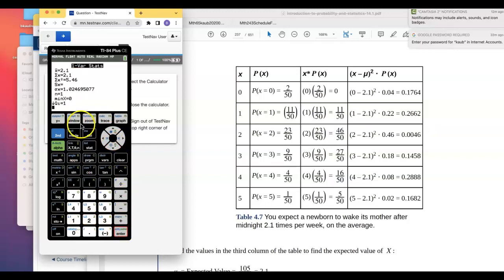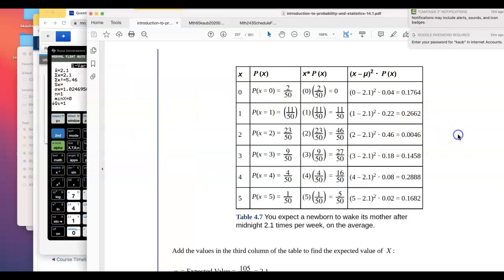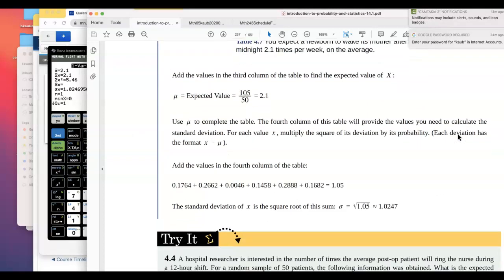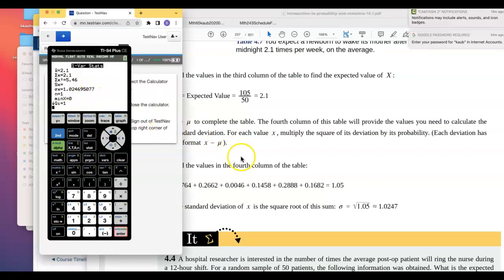All right, so it's telling me that x bar, which is the mean or the expected value, is 2.1, which is what they got here, right? They got 2.1. Here is the standard deviation, 1.02469. All right, and on this problem, they said the standard deviation was 1.02. Oh, they've rounded. So they didn't give you the variance, 1.05.